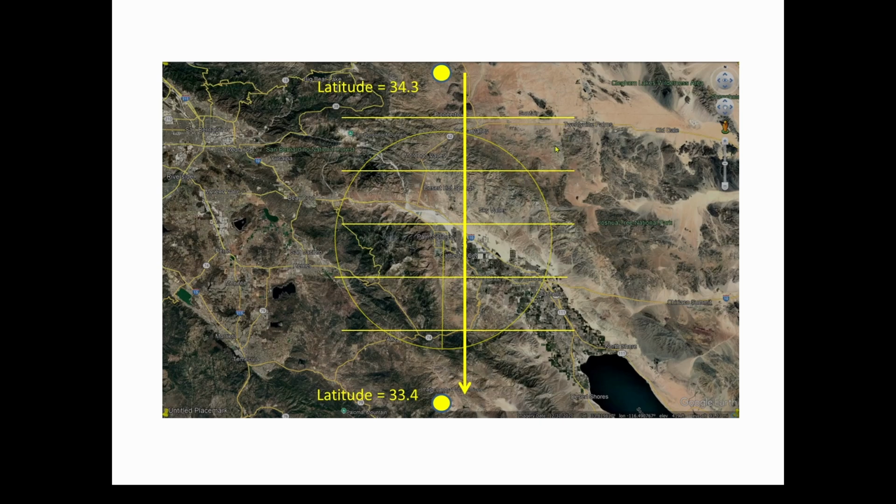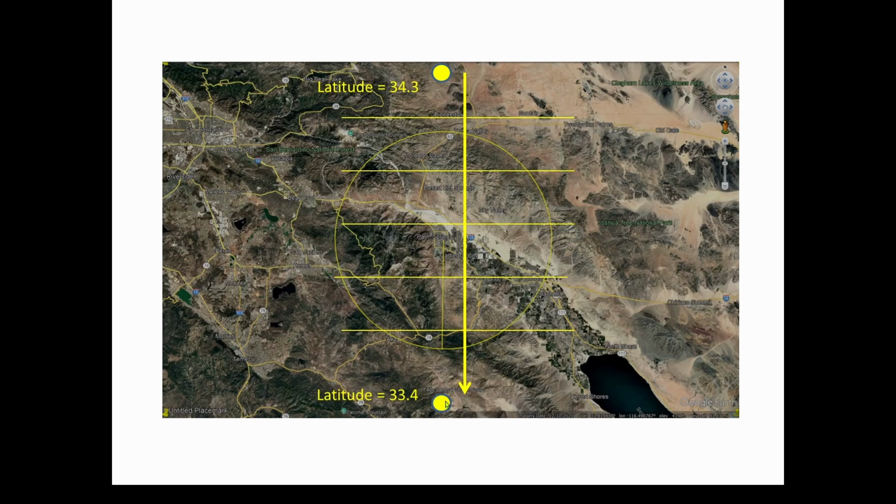For example, in our image, the latitude is a measure from north to south in degrees, but we're going to use decimal values. And for example, up here in our map in Palm Springs in California in the US, the top part of this image is going to represent a latitude of about 34.3 degrees.